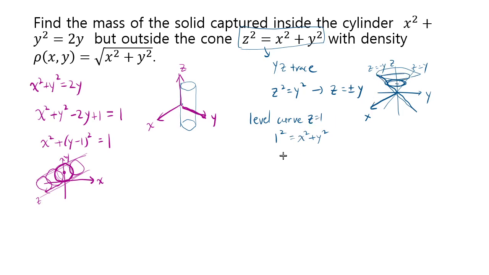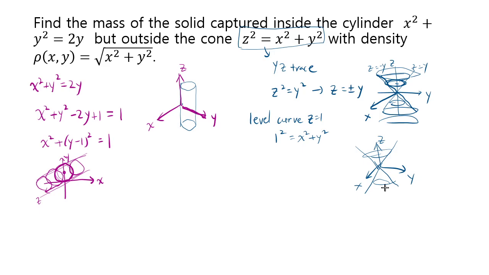And even when z is negative 1, you still get the same circle. So what you end up with, in x, y, and z, is this cone.